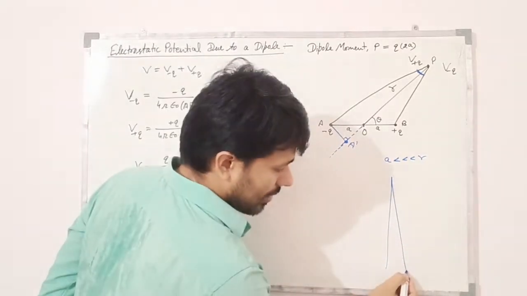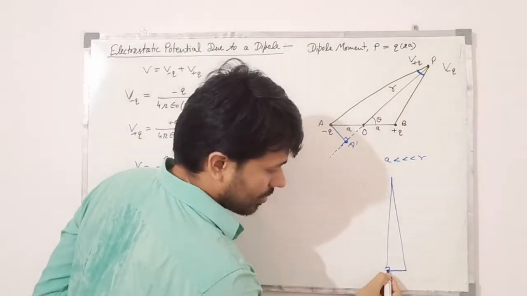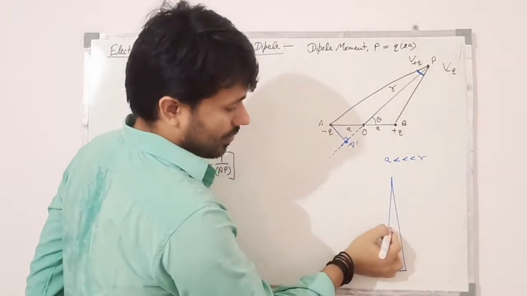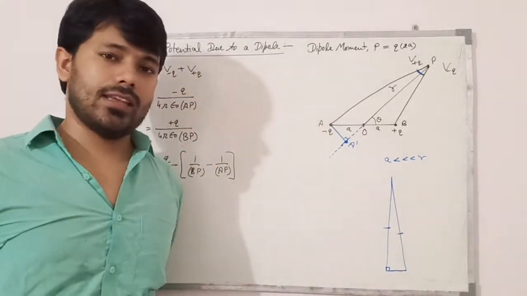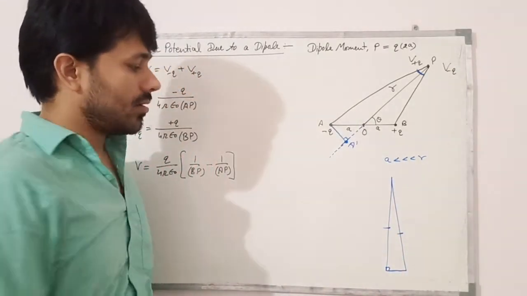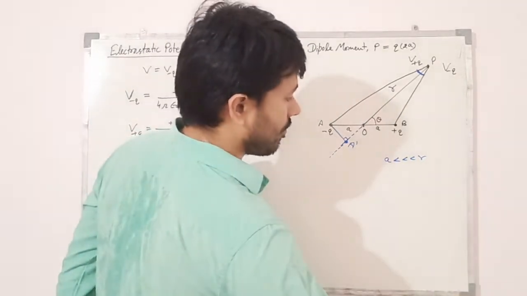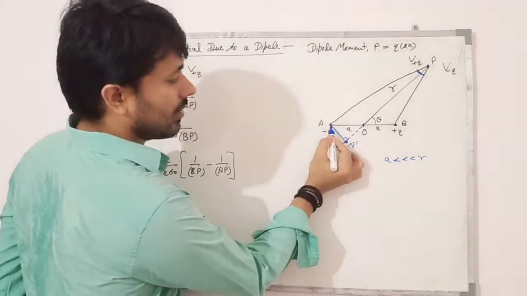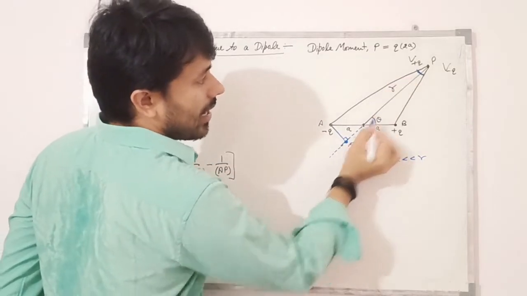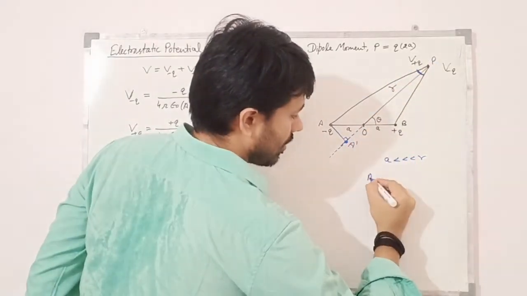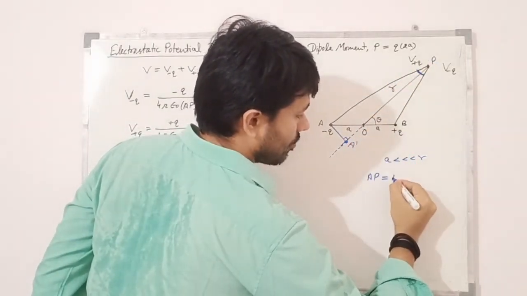Right? Then the perpendicular on these lines, so these both lines are equal. From here we can see that if A is very much less than R, then AP and A dash P are both equal. AP is equal to A dash P.